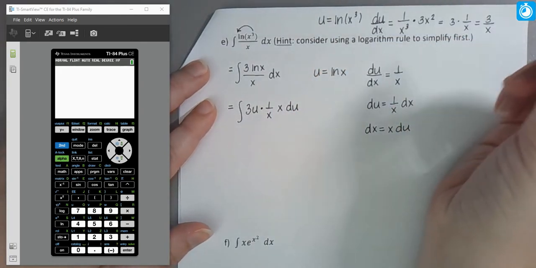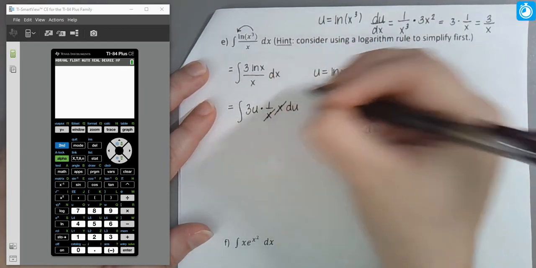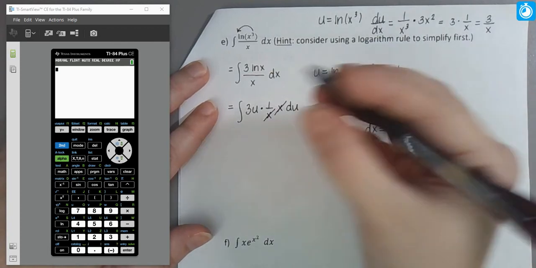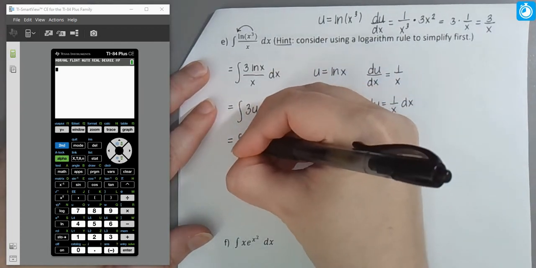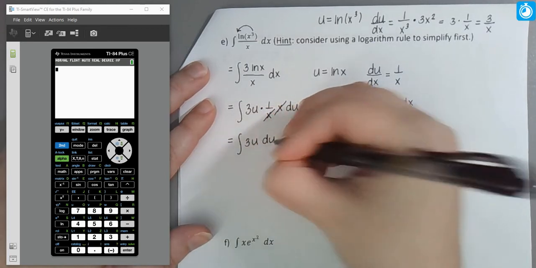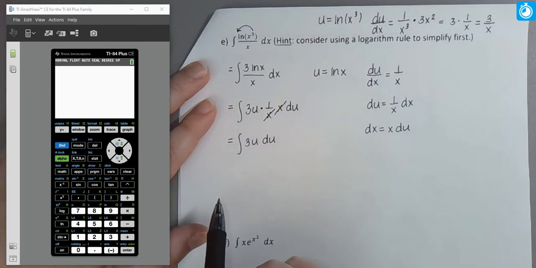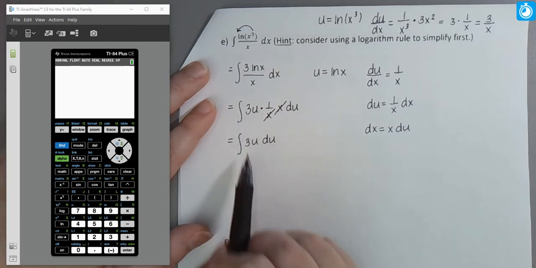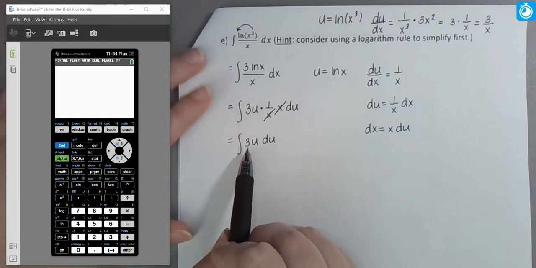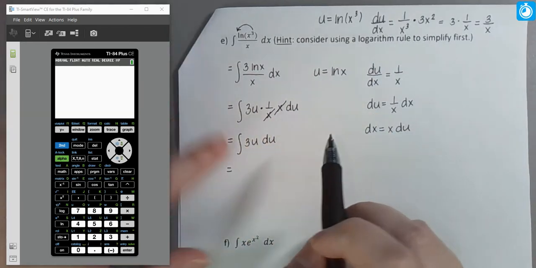And again, the benefit here, based on our formula for substitution, the remaining expression involving the old variable is eliminated, leaving us with the antiderivative of 3u du. Now, if we so choose, we can factor out the 3, or we can just use the power rule, and whenever we divide by the new exponent, we'll just make sure that 3 is divided by that new exponent. So let's just try it that way.